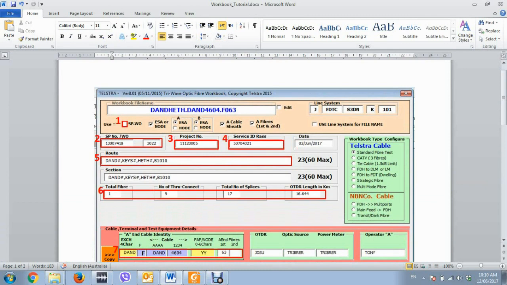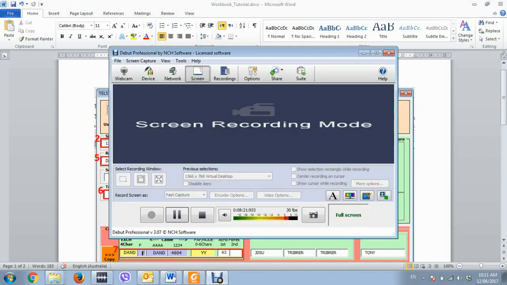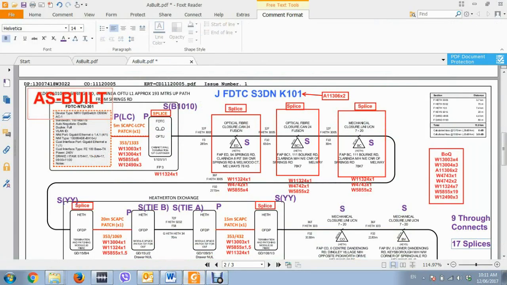So that's what we have written here, 9 through connects and 17 splices in total. Hope now it's clear how to count the number of patches and splices.